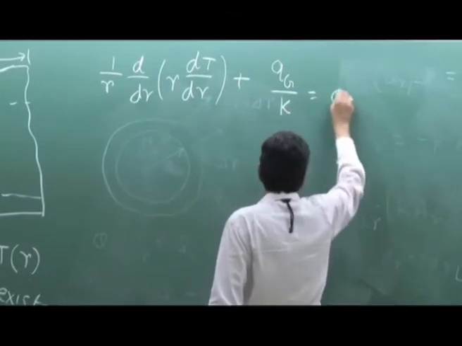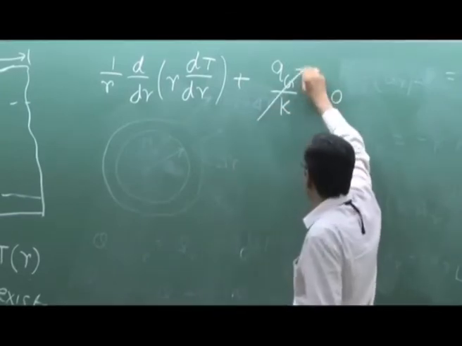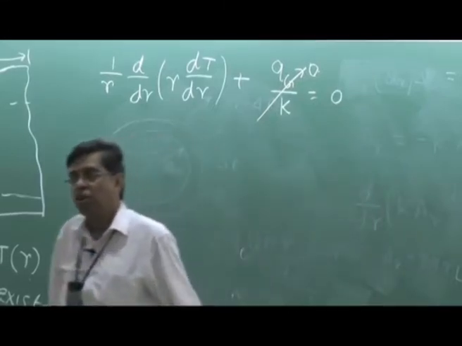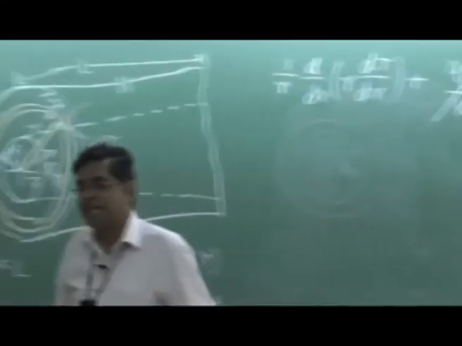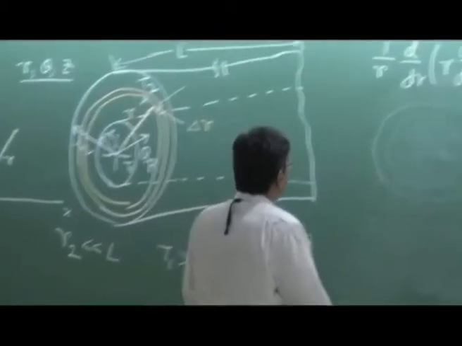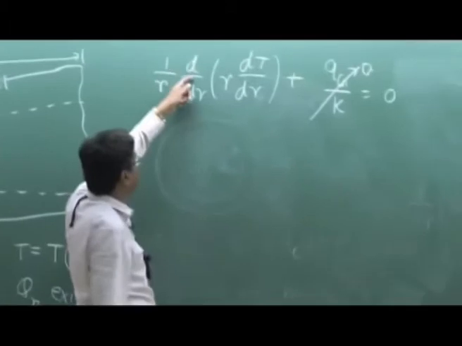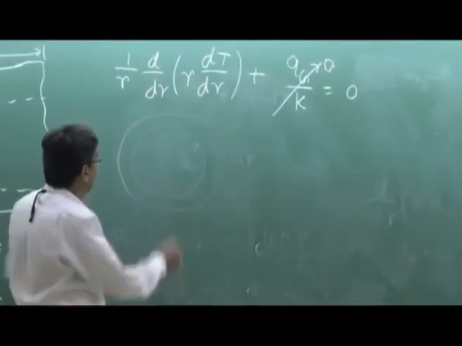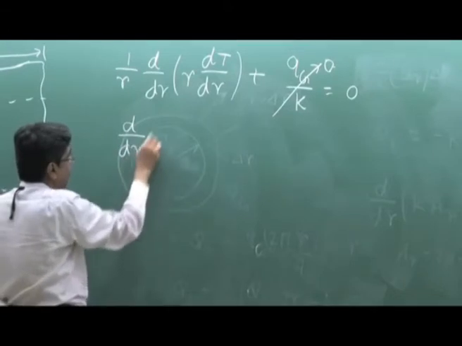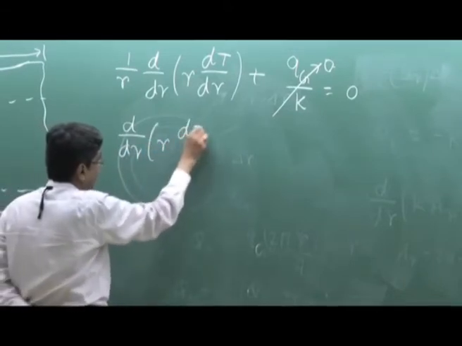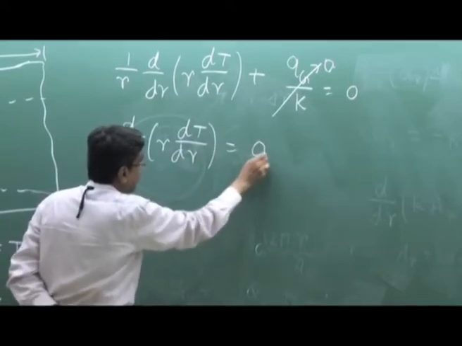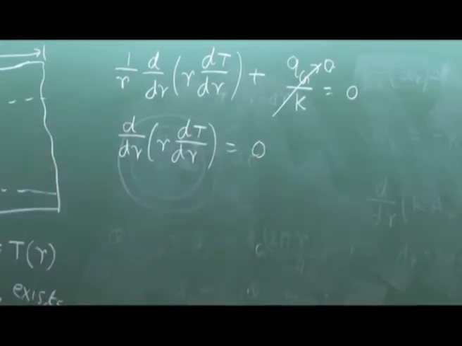Next, consider without heat generation, that means q_g is 0. Without heat generation, steady state, constant thermal conductivity, the expression is 1 by r d/dr of r dT/dr equals 0, which means d/dr of r dT/dr equals 0. Now this becomes so simple.